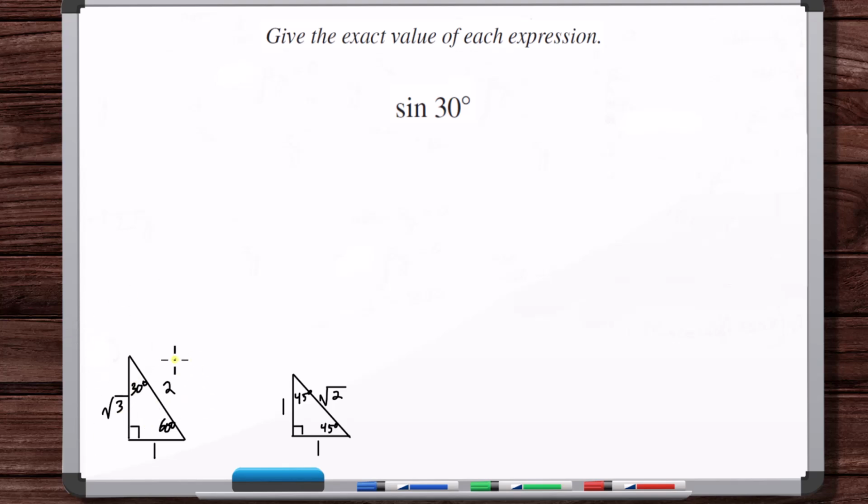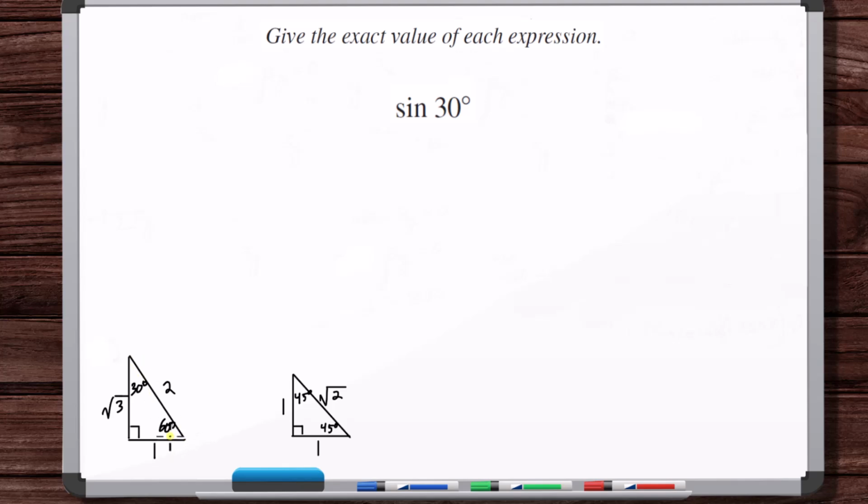And just remember, for any 30, 60, 90 triangle, even if the legs aren't these same lengths, you're going to have similar triangles, so these proportions aren't going to change. No matter what size the triangle is, this leg adjacent to the 60-degree angle is going to be half of the hypotenuse.